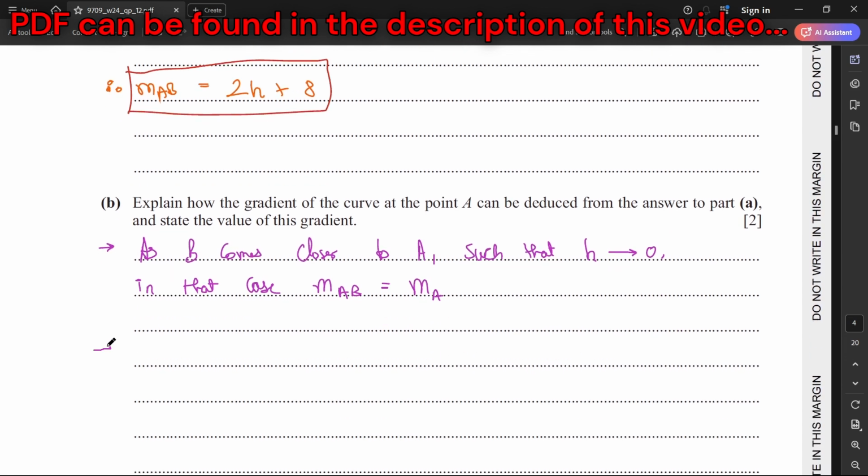So for this, I need to state that the gradient at point A is equal to the gradient of AB when h approaches 0. My M_AB will come out to be 2 into 0 plus 8, which is 8. And therefore, the value of the gradient at point A comes to be 8. So that becomes the final answer for the second part in question 3.